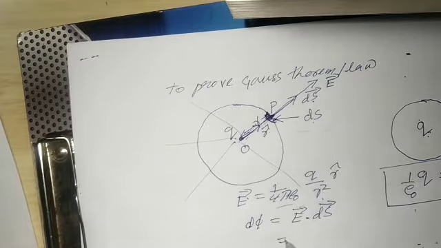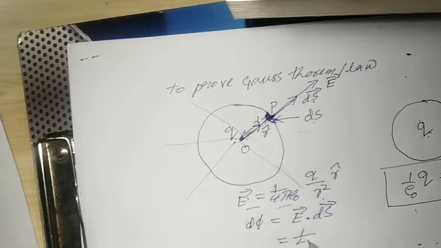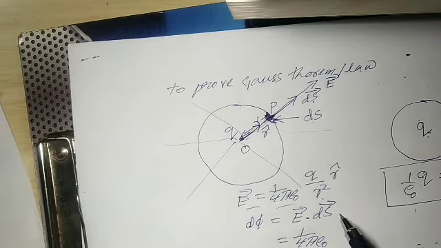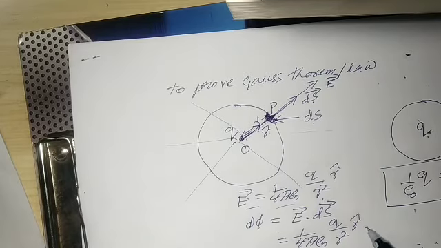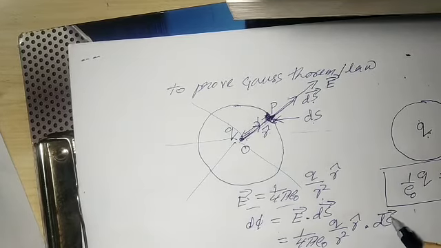So what is E here? E is this: 1 by 4 pi epsilon naught, Q by r square, r cap, dot dS vector.